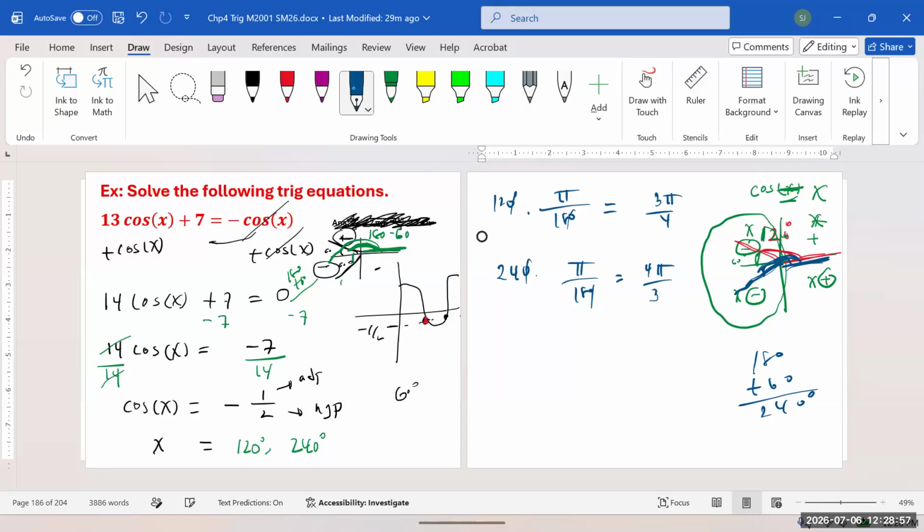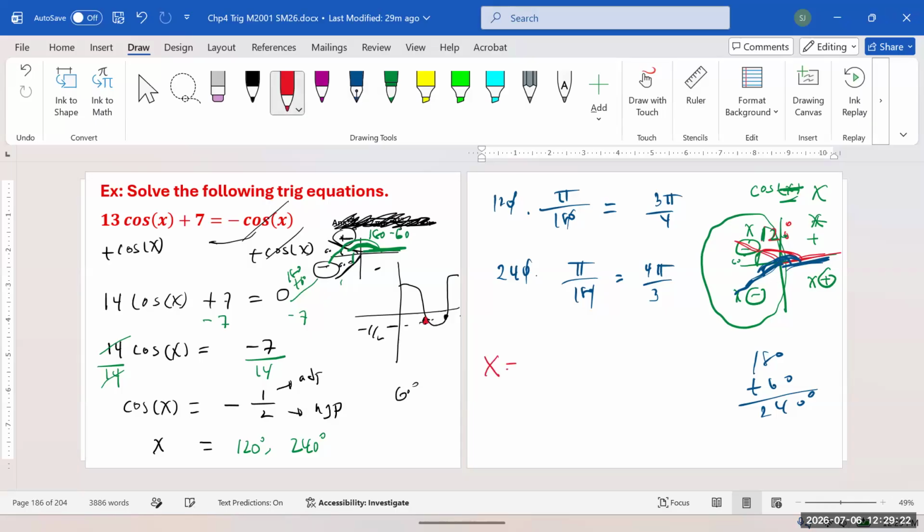4 pi over 3. Did it mention our domain for the answer, for the solution? Didn't mention anything. That means it's a general solution. So it's 3 pi over 4 plus 2 pi n. I don't have space, so let me actually do it on the right side.